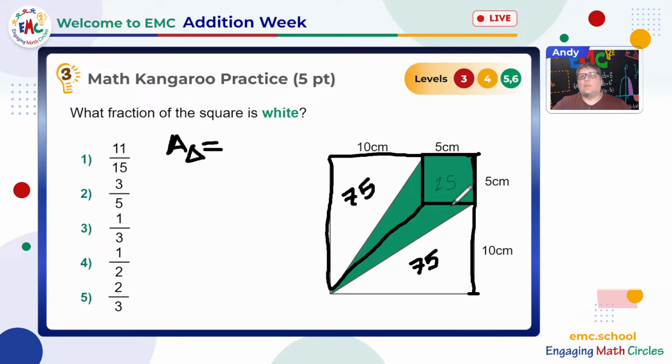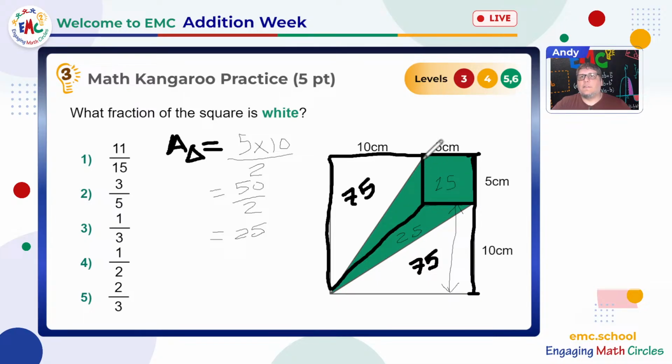And then if I look at these ones, I have a base of 5. But how tall is it? That's 10. So we're going to have 5 by 10 over 2, which is 50 over 2, which is 25. So I get 25 here.